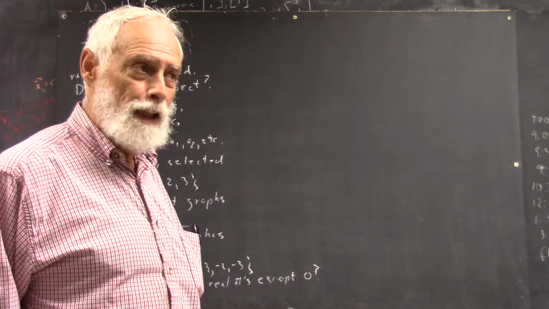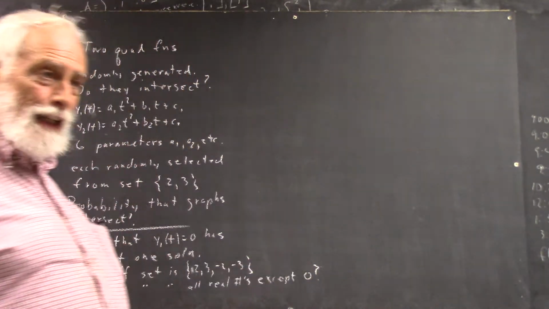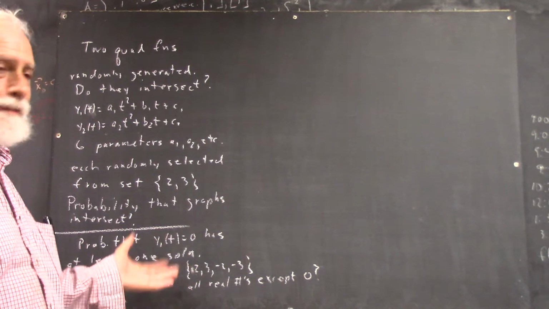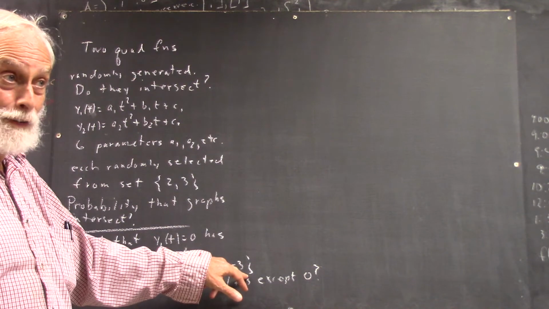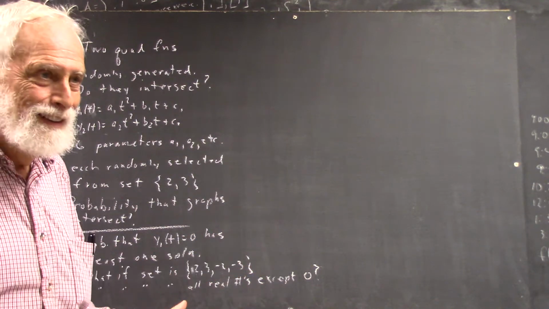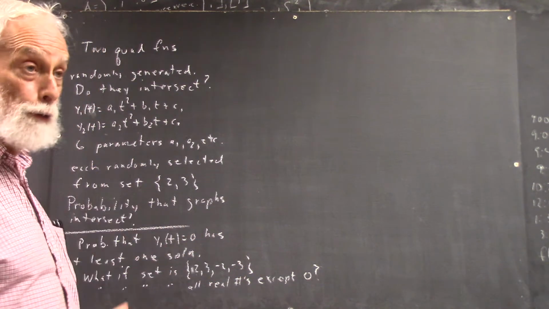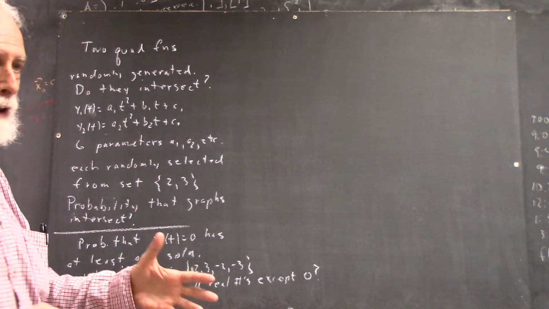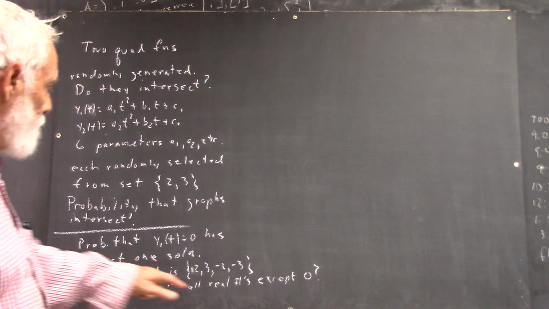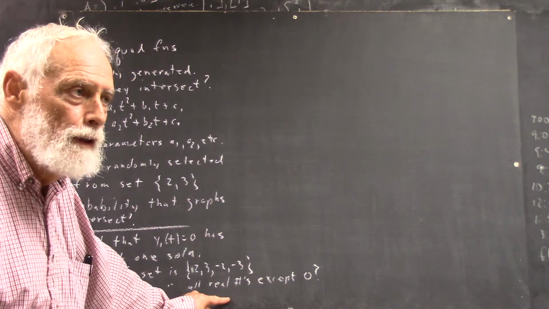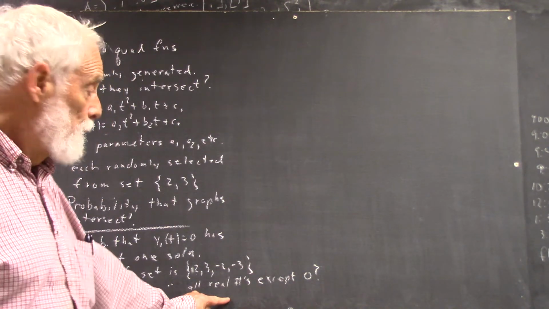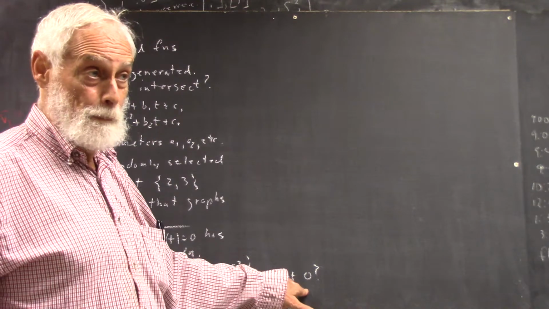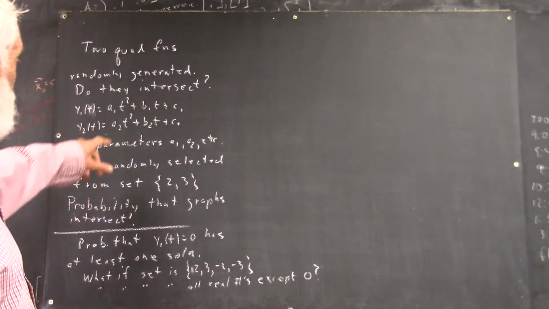Well, that's still gnat and sledgehammer, because clearly you can't do that if this set includes 2, 3, 4, 5, and the negatives, where you have 250,000 graphs to make. You could make 64 graphs, but we're really trying to get a handle on what happens, and then ultimately what happens if these things are chosen from the set of all real numbers, with an exception of 0, because we don't want a to be 0.